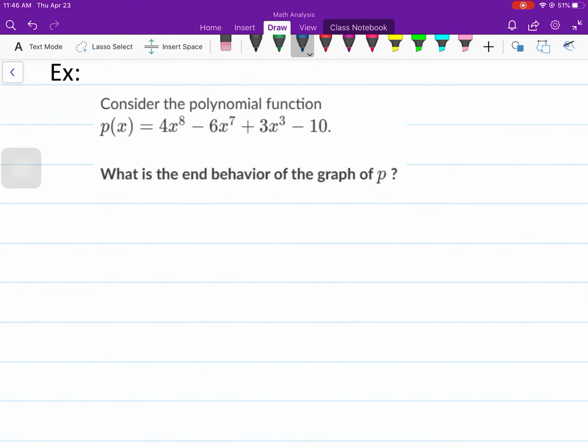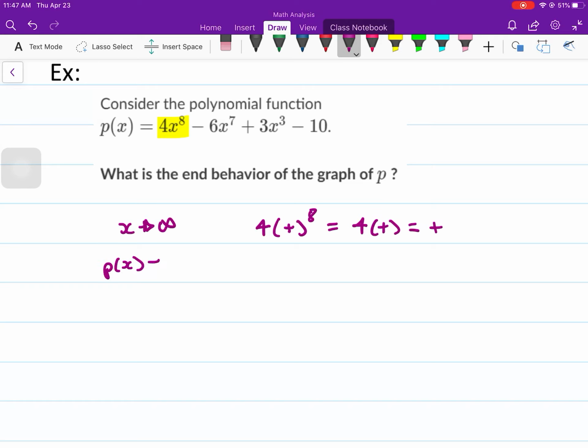So if you look at this one, it's still the same idea. Let's take a look at the positive case. As x is approaching positive infinity, our greatest power here is 4x to the 8th. So if I were to have 4 times a positive number to the 8th, that would be 4 times a positive, which is just going to be positive.